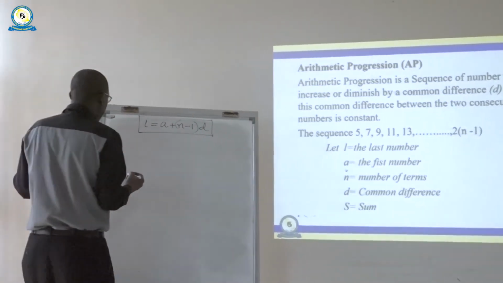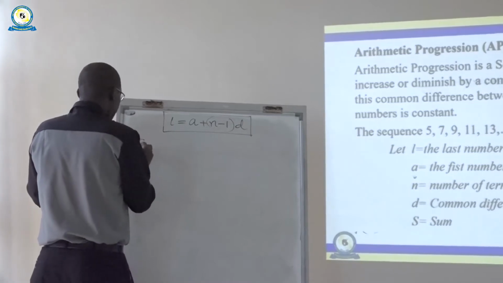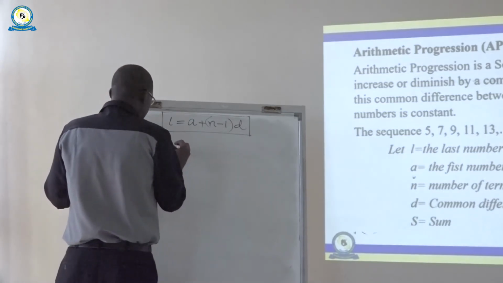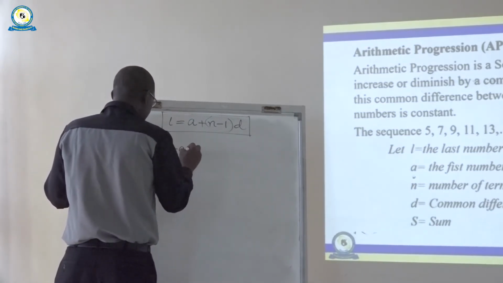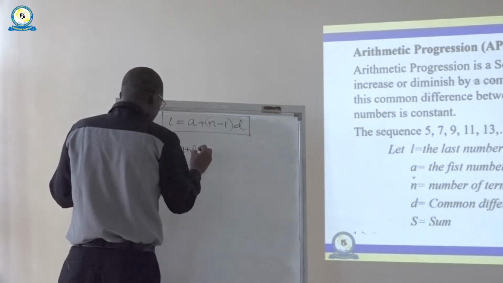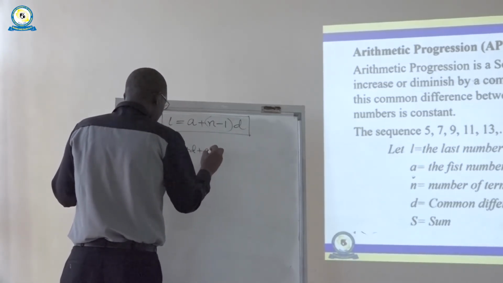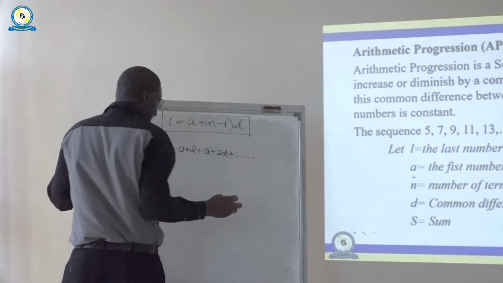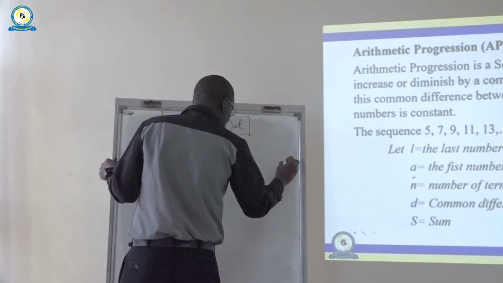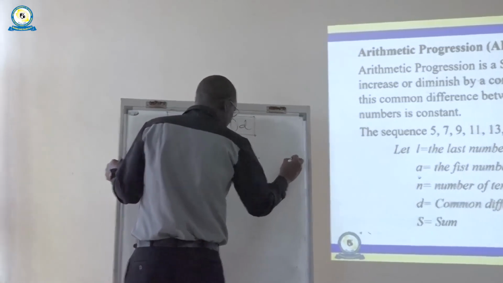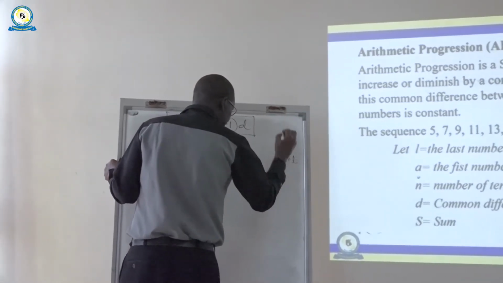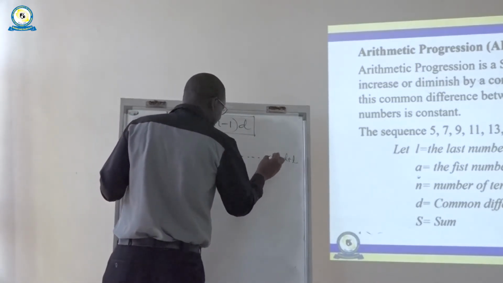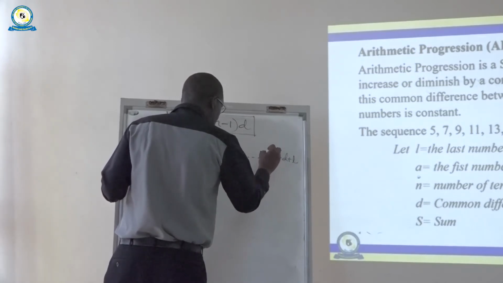Let the sum be S. Let the first number be A, the second number be A plus D, the third one A plus 2D, and so on, up to the last one, which will be L. Before L is L minus D, and then before L minus D is L minus 2D.